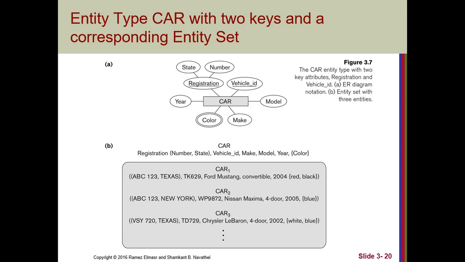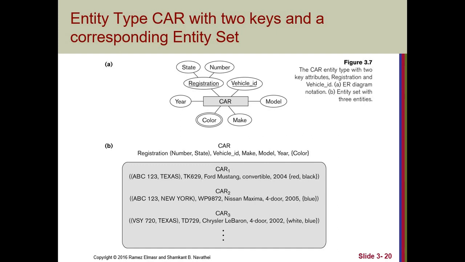Example A provides part of an entity relationship diagram. Example B provides possibilities based on our entity set: our registration number and state, our vehicle ID, our make, our model, our year, and our color.